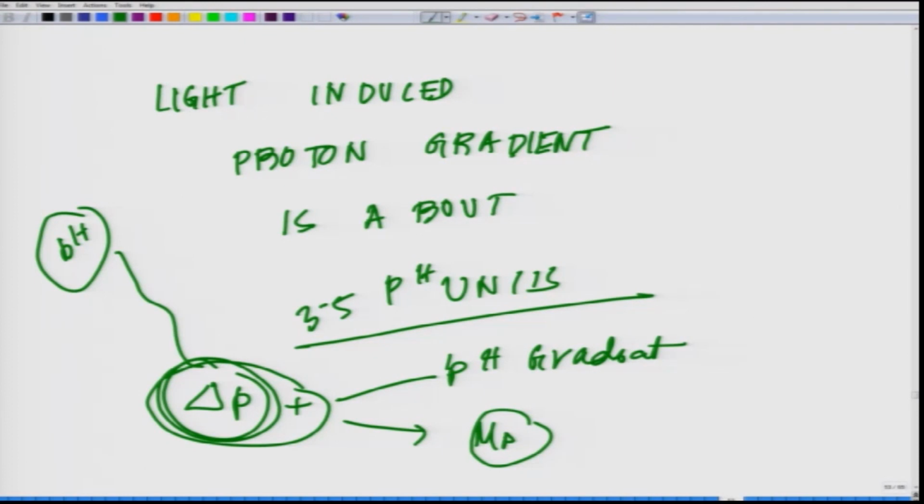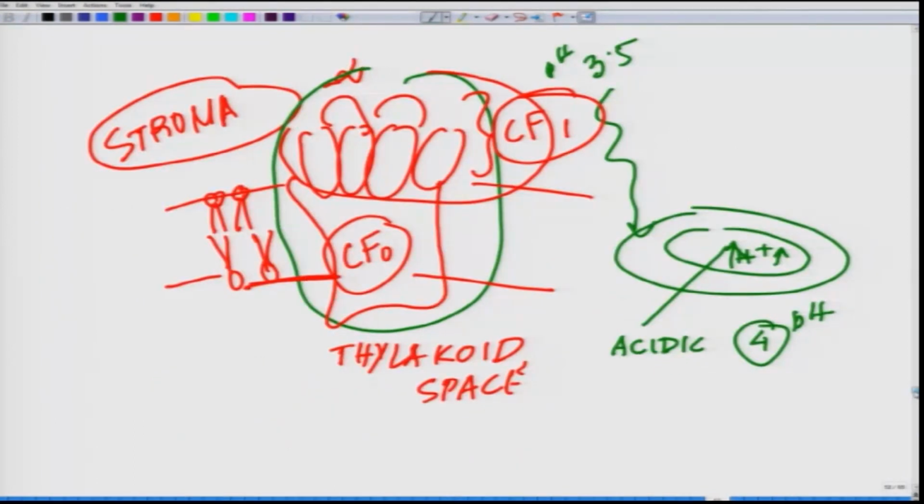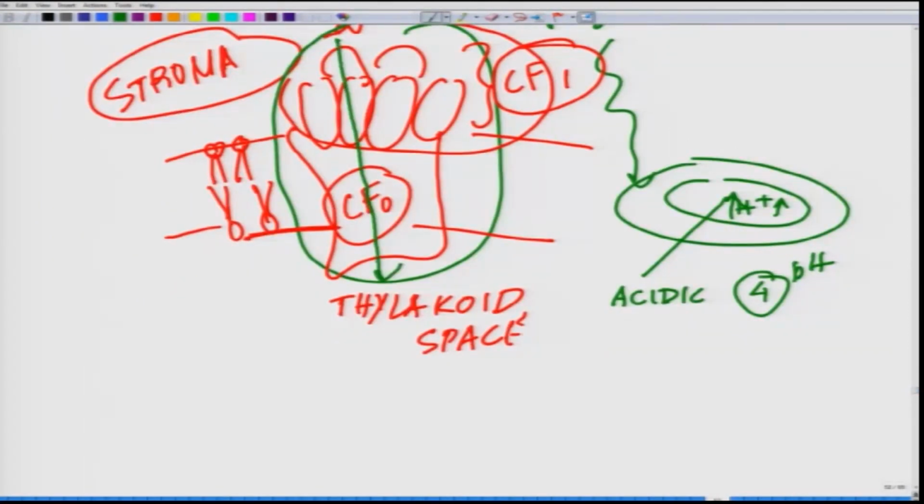Okay. And about 3 protons flow through this CF0 CF1 complex per ATP synthesized, for 1 ATP molecule.